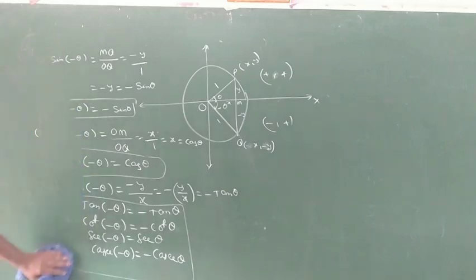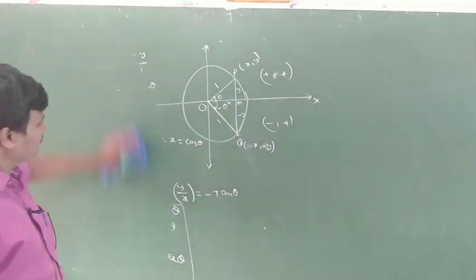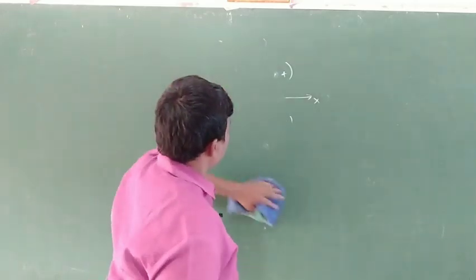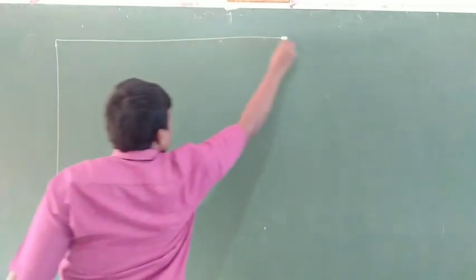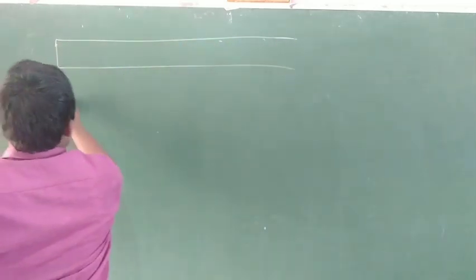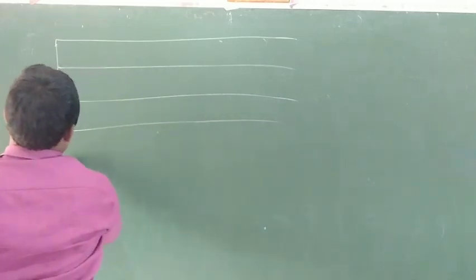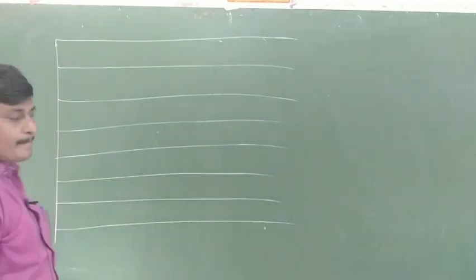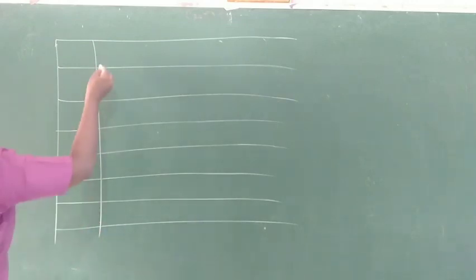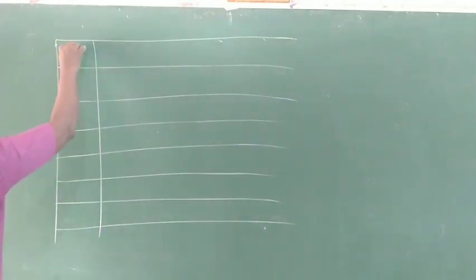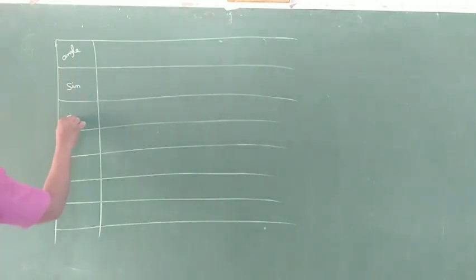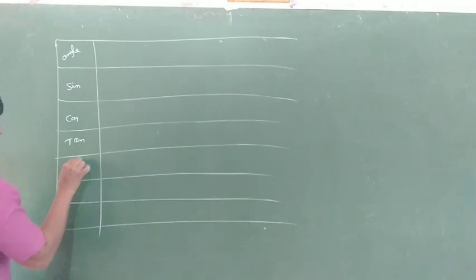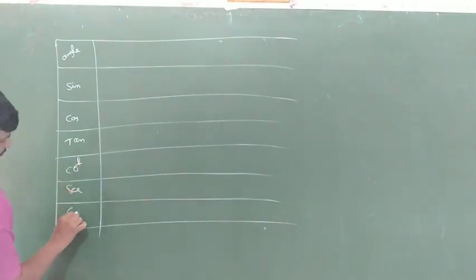First the angles, then sin, cos, tan, cot, secant, cosecant.